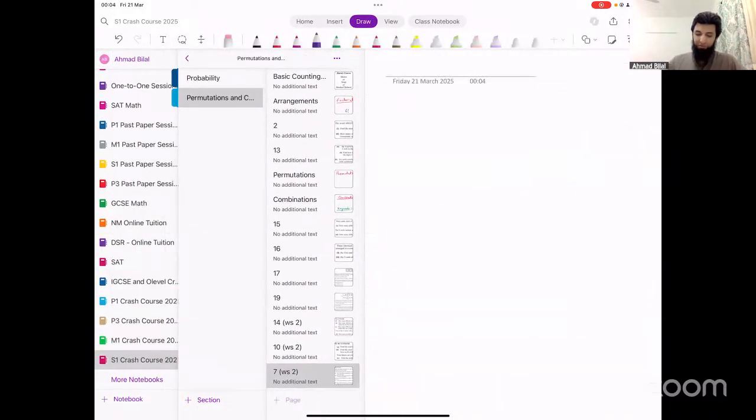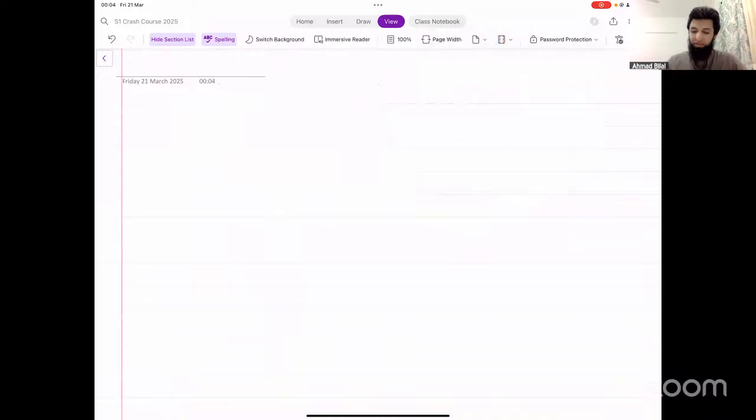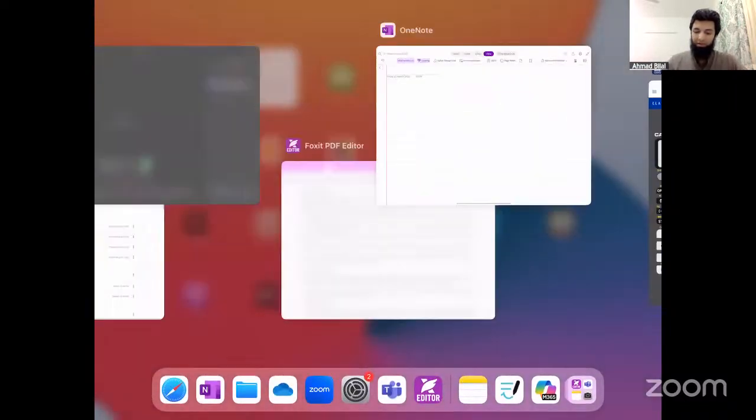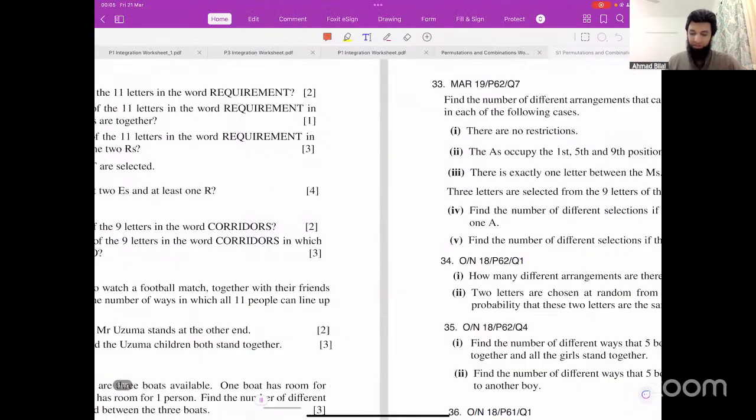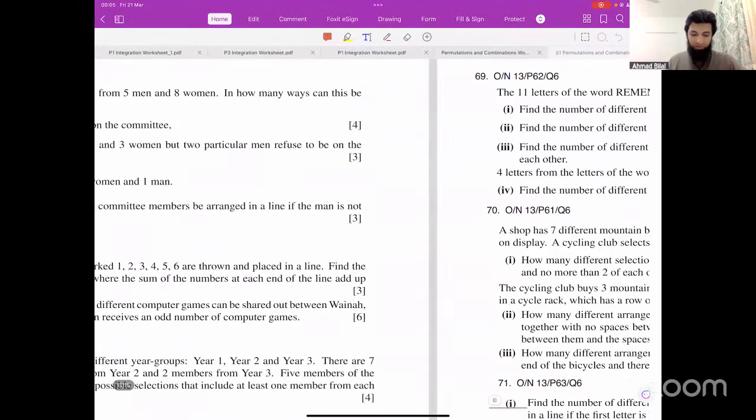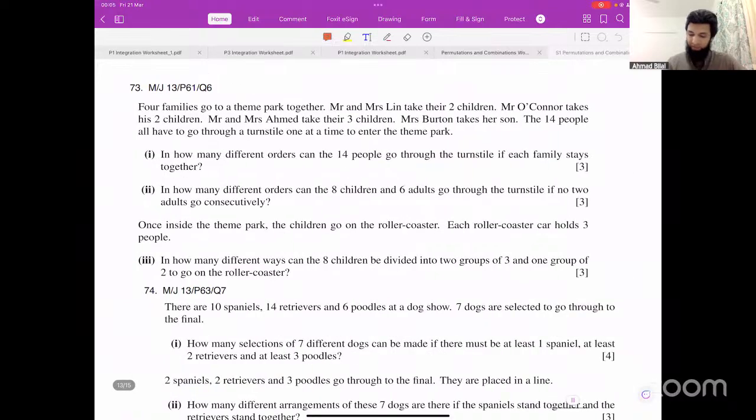This was 7 from the worksheet. Another one that I asked you to do from the worksheet has a wrong answer in the marking scheme as far as I remember. Let me just check that as well. Those of you who have done that, 73. I'm particularly going to do the last part. I will skip the other two, I think.